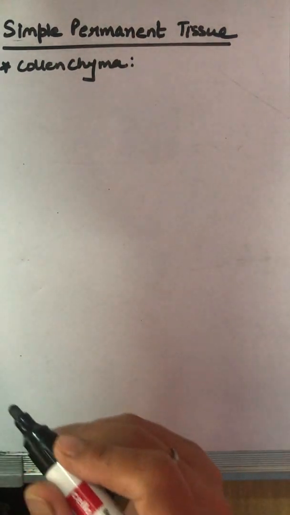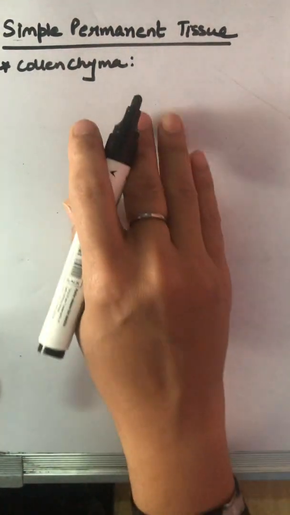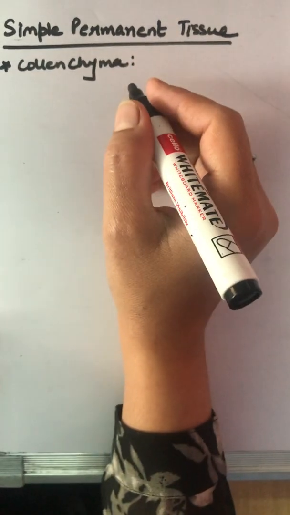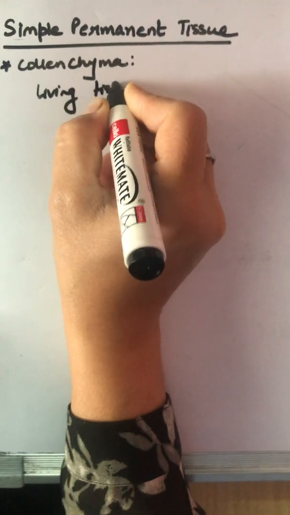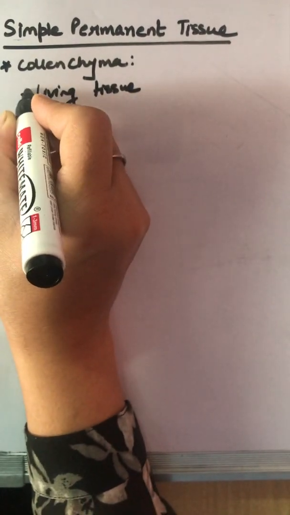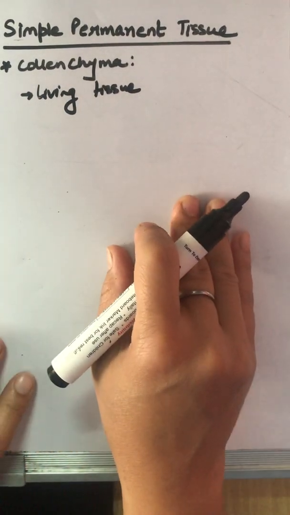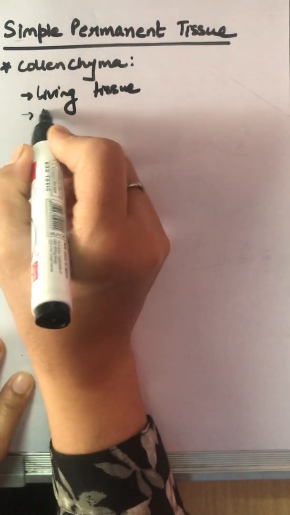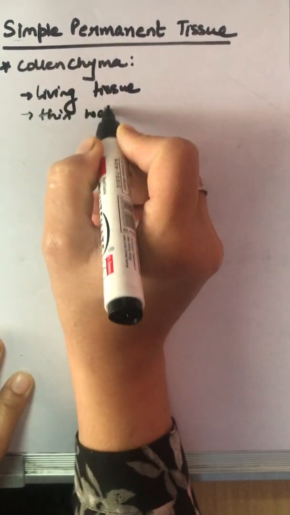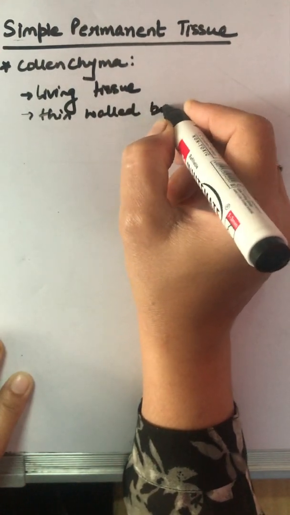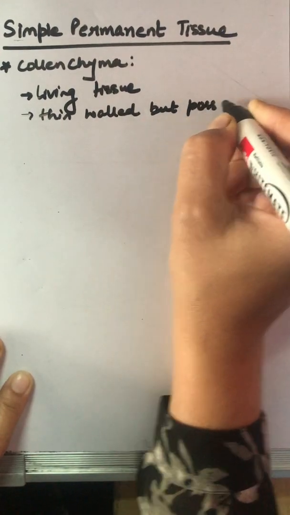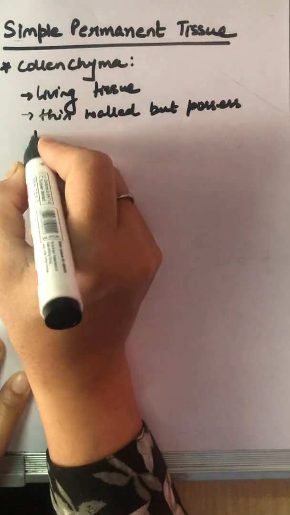Moving to our second simple permanent tissue, Sclerenchyma. Sclerenchyma, another living tissue like parenchyma. Its cells are also thin-walled, but these possess thickenings.